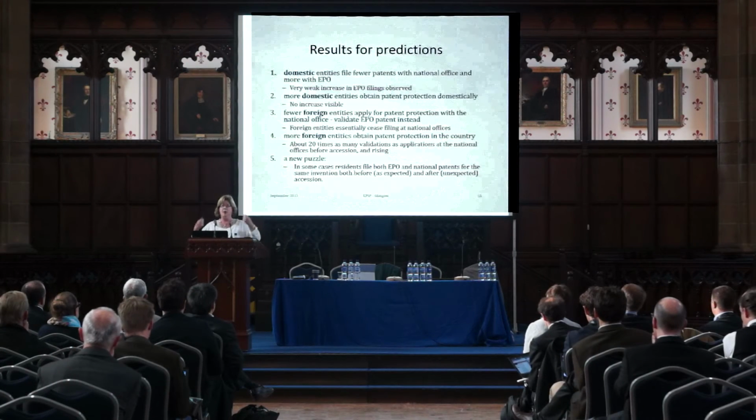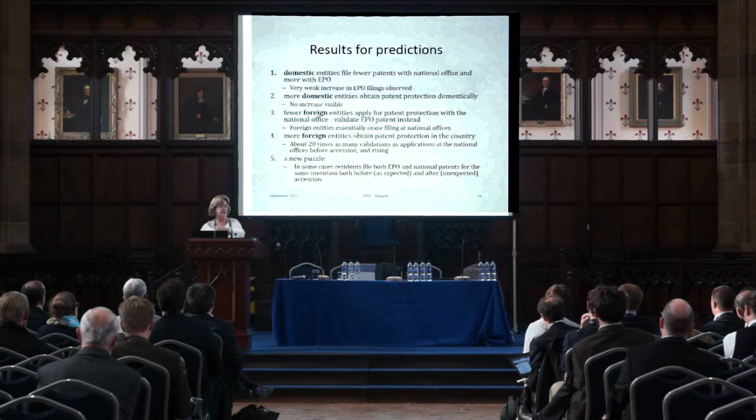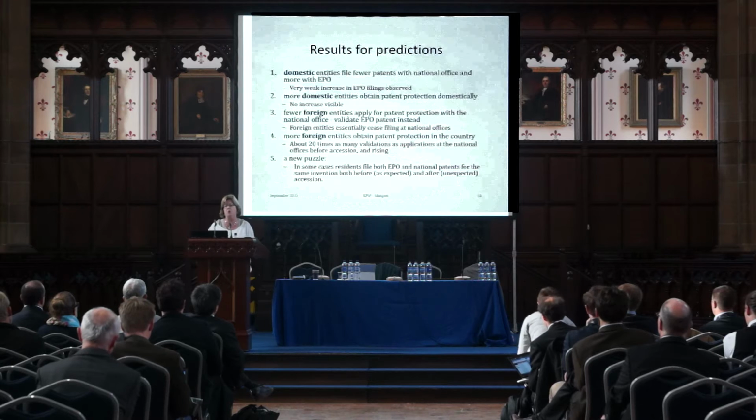In other words, if I was a firm from outside the accession country and I wanted to cover an invention in Hungary, say, before accession I took out a national patent. After accession, I validated 20 times as many patents in that country. In other words, the lowering of the cost of getting coverage in Hungary caused me to cover a lot more in Hungary.